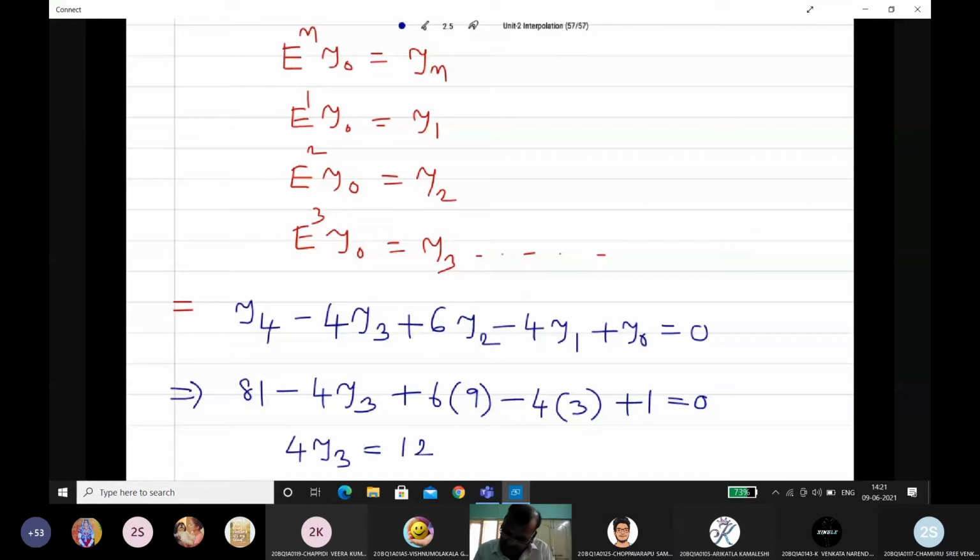That implies y3 is equal to 124 by 4, ఎంత? 31, sir. 31. That is the answer.